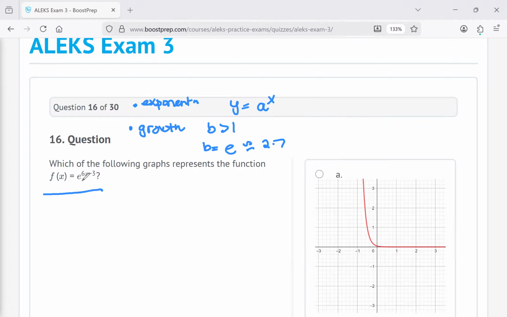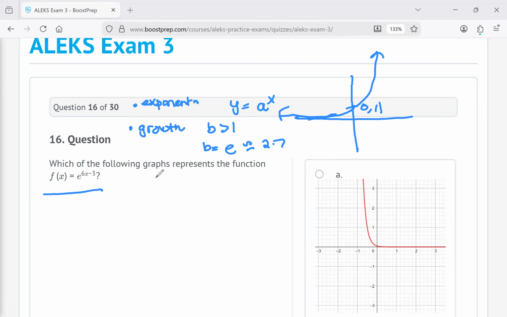So what does an exponential growth look like? It usually looks like this. It usually has a y-intercept of 1, and then goes up like that. Okay, and then what else do we know? That 6x minus 3 is a horizontal shift.